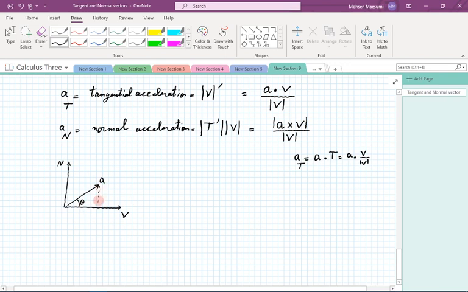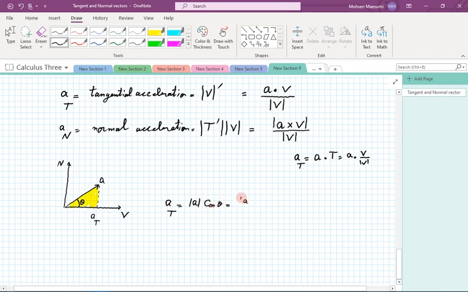When you are finding the component of this thing, A sub T, if you pay attention to this triangle, what do you say? You say A sub T is equal to length of A, that's the hypotenuse, times the cosine of that adjacent angle.